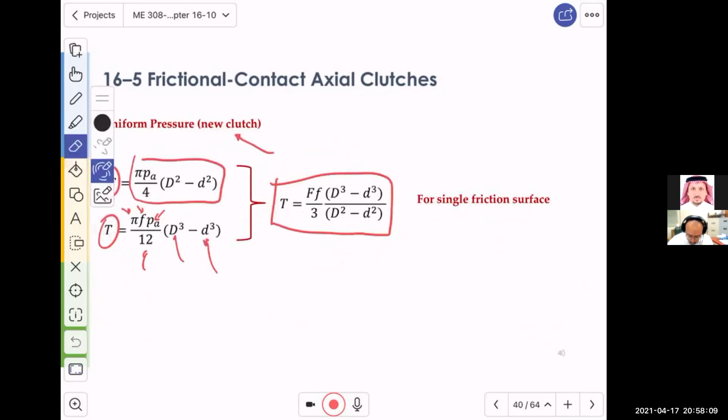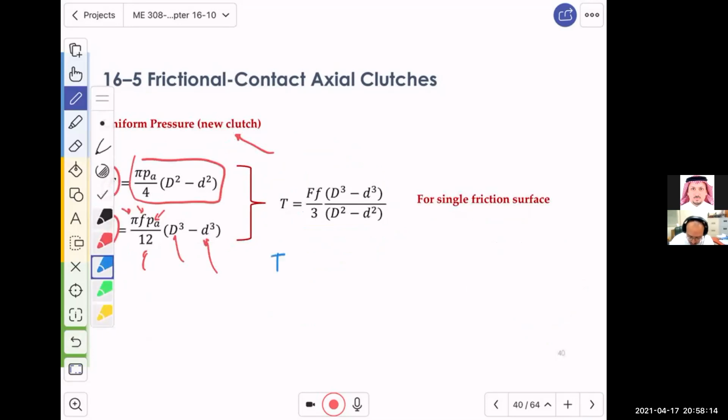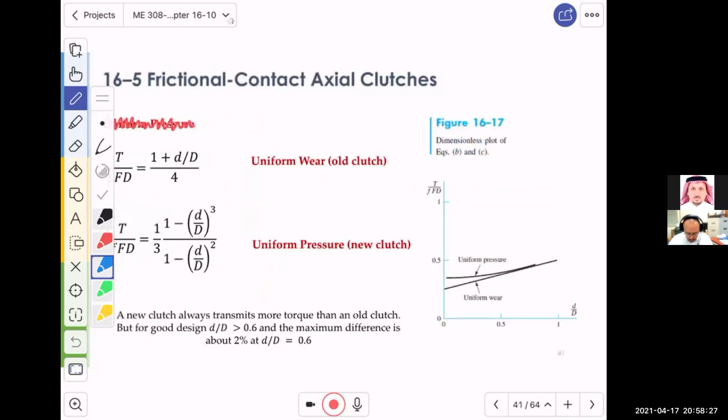Similarly, if you go to the other equation, and you have T and divide it by F, and also divide it by D, you will have another expression. These two expressions are shown here. So this is the torque divided by F, which is the force, and D the outer diameter, and the same for the other one. This is like a dimensionless factor, and it is being represented over here.